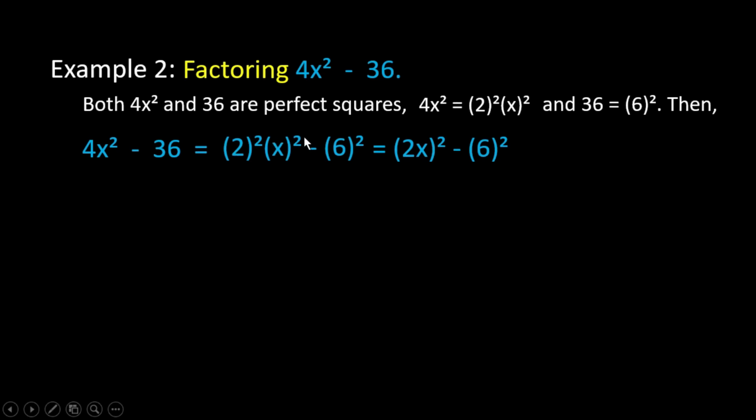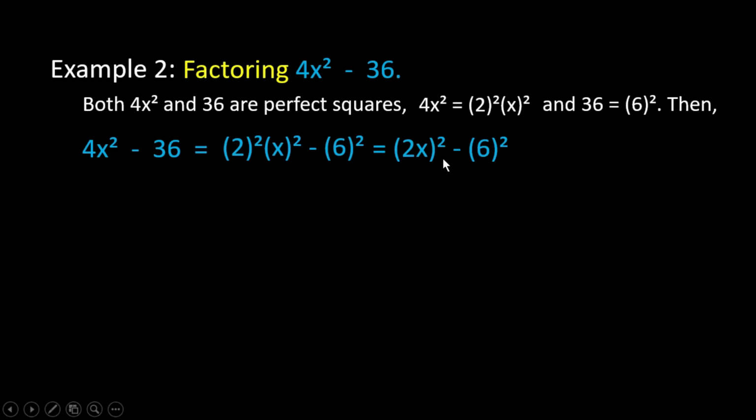So, dahil pareho ang kanilang exponent, pwede natin isulat as ganito: 2x squared, or close 2x open parenthesis then squared. Okay? Then minus, ito copy at is 6 squared.